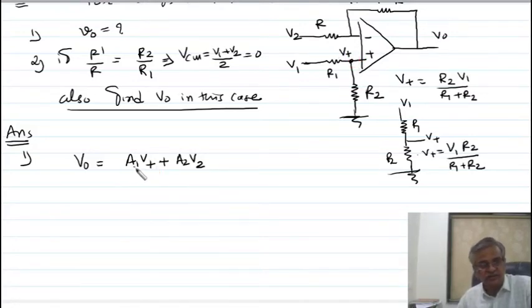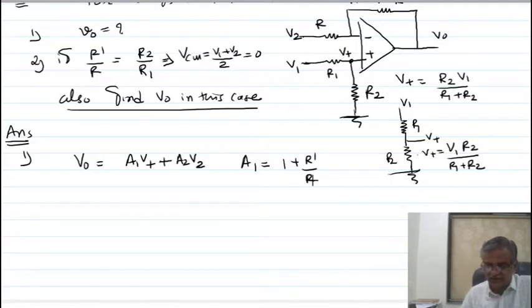So my equation is A1 V plus plus A2 V2. We know that when V2 is grounded, the gain of the amplifier is 1 plus R' by R. Now when V1 is grounded, then gain of the amplifier is minus R' by R.